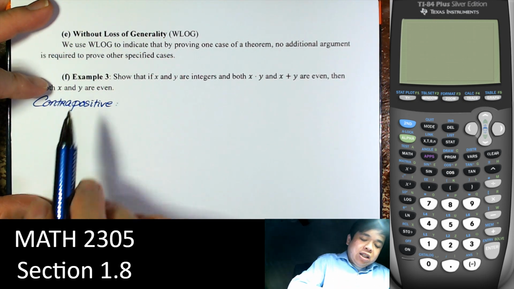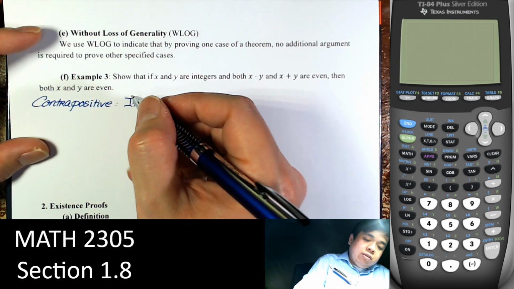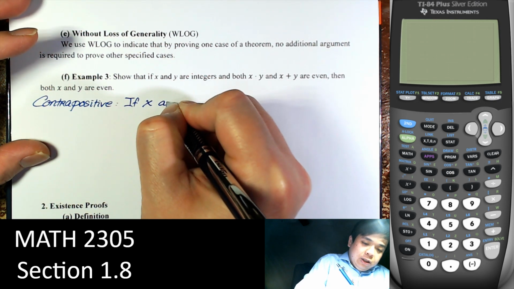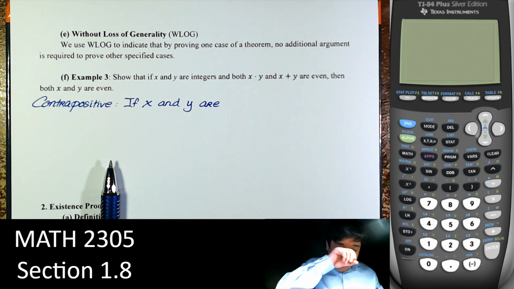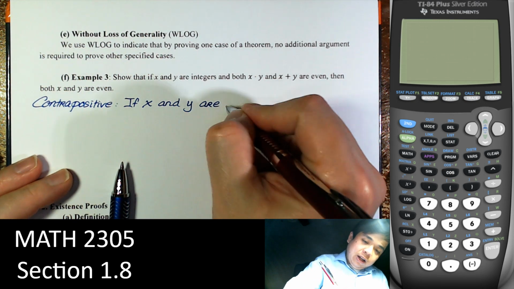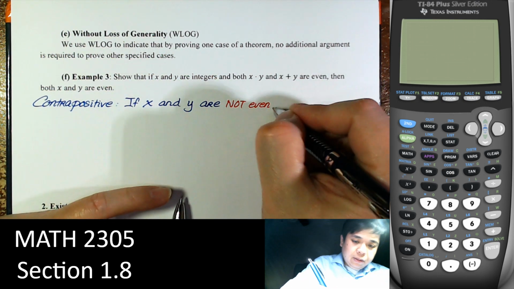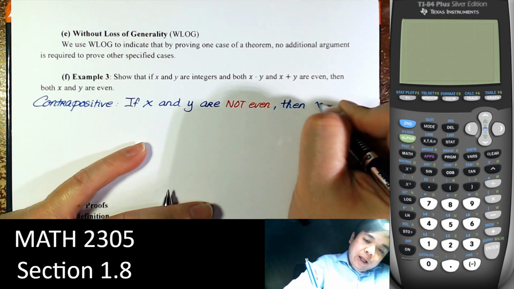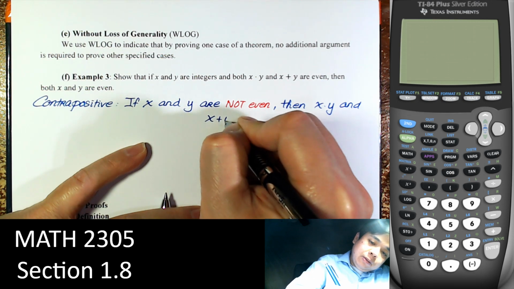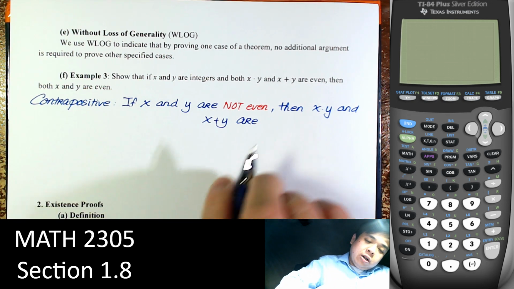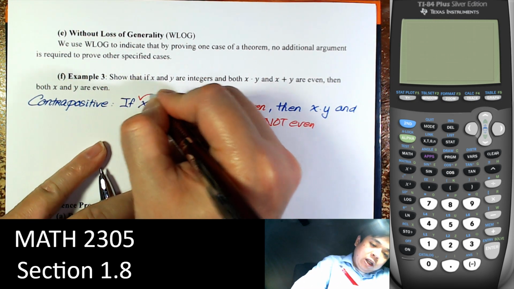So both x and y are even. So we said if both x and y are not even, then xy and x plus y are again not even. Of course the key word here has to be both.